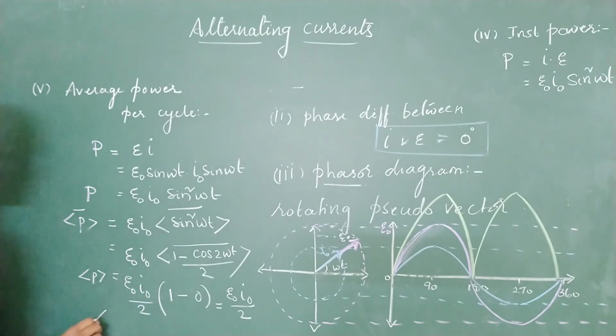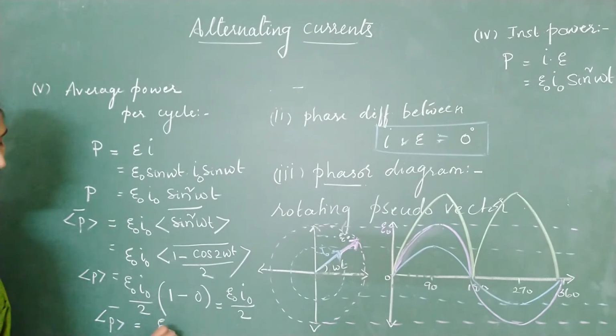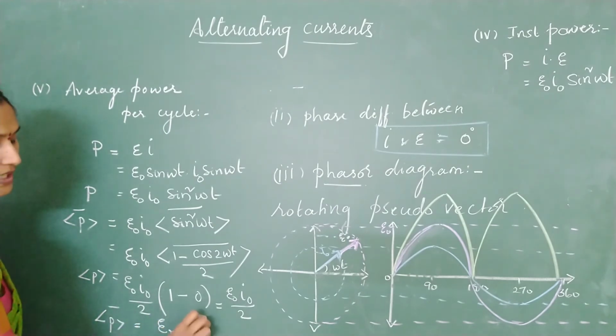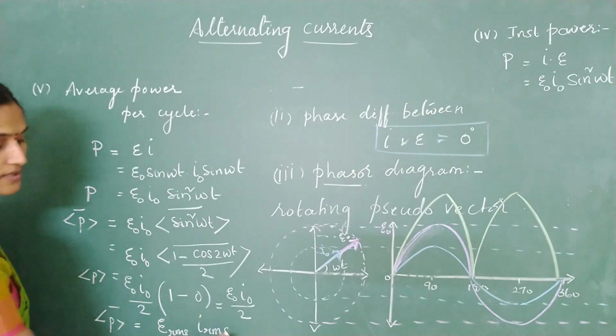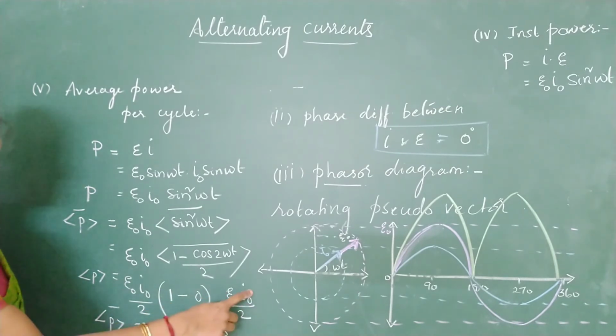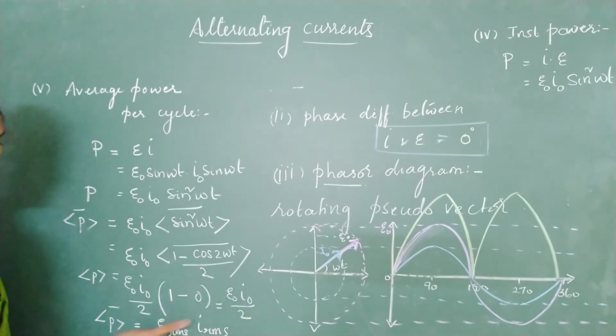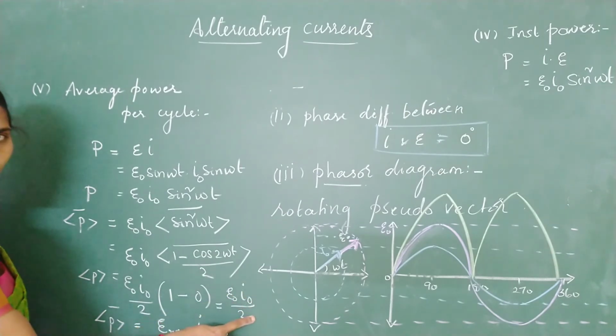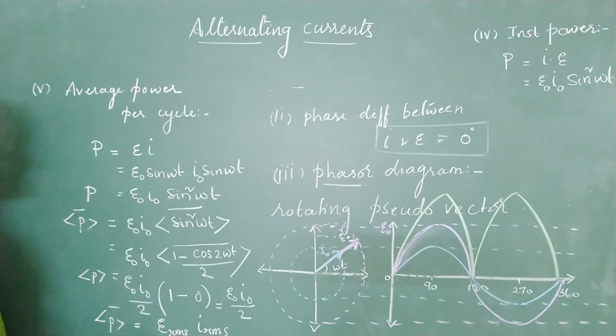We generally express this average power as E RMS into I RMS. Remember what is the RMS value? E naught by root 2, I naught by root 2. So can I write E naught I naught by 2 as E naught by root 2 into I naught by root 2? Nothing but E RMS into I RMS.